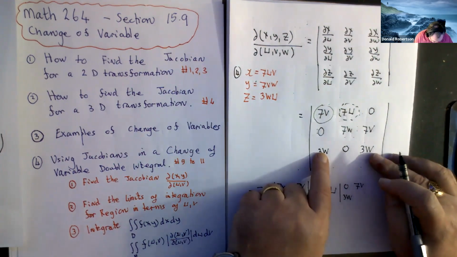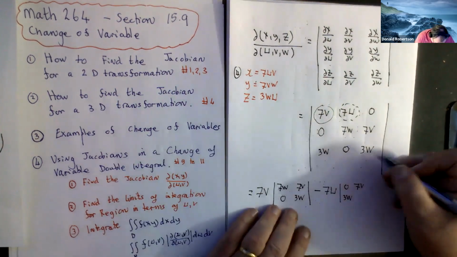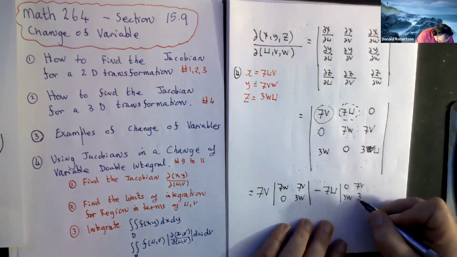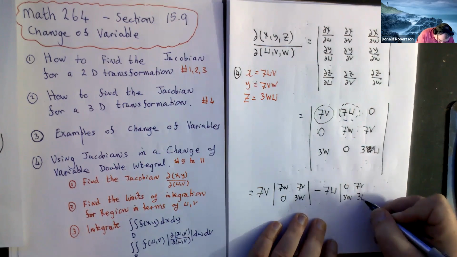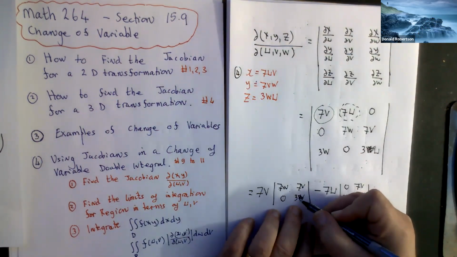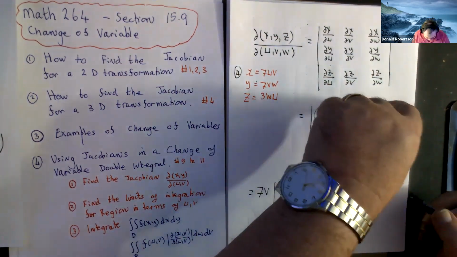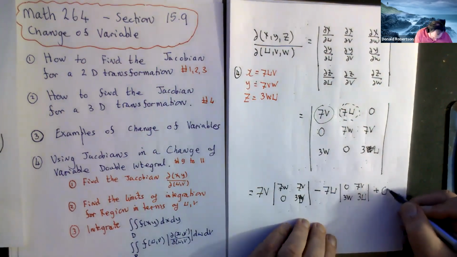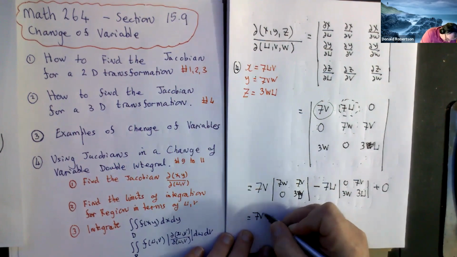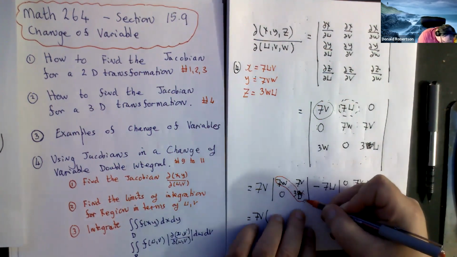One of these two is not right. Let me check it again. That's w. There, fixed. And lastly, this guy here goes 3u. Let's check the original. Fix that. Now, the last one would be plus 0 times this, but since it's a 0, I won't write it down. I don't need it. We then go 7v. Remember, that's meant to say 3u.